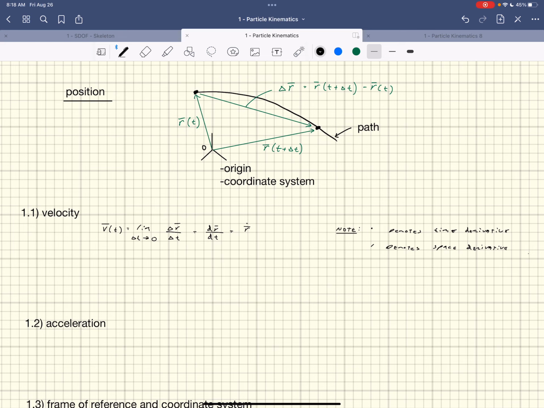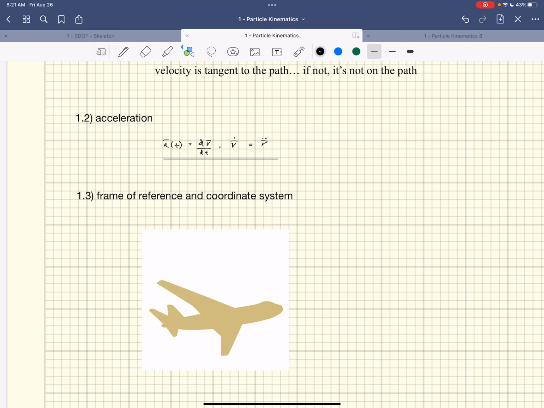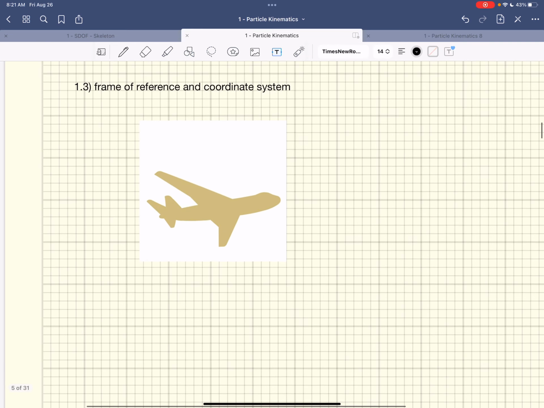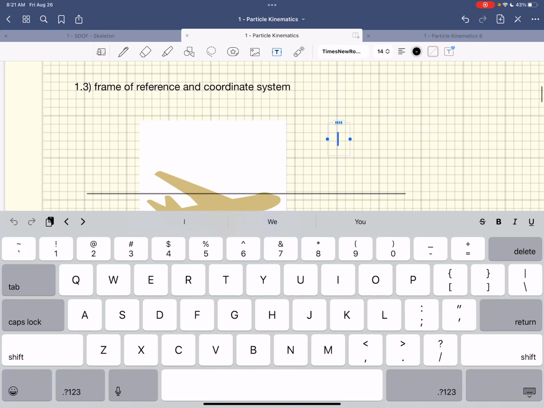The next thing: the book starts out defining velocity and acceleration, then it dives into this idea of frame of reference and coordinate systems. It's important to understand the difference between the two. Those get mixed up sometimes. Okay, a frame of reference, I'm going to define it here first. Frame of reference is the baseline.